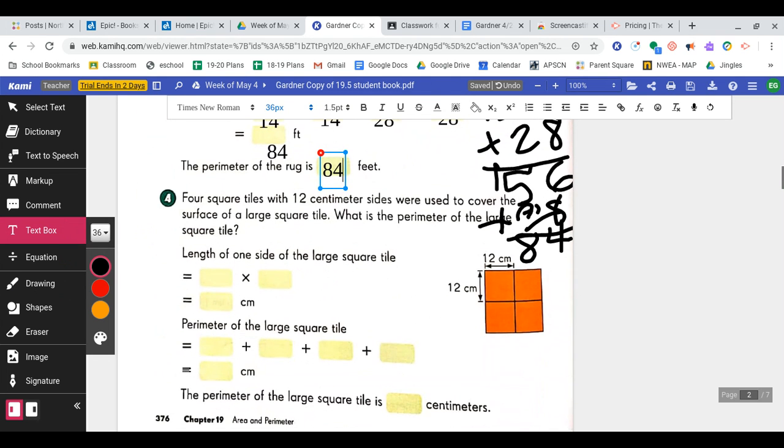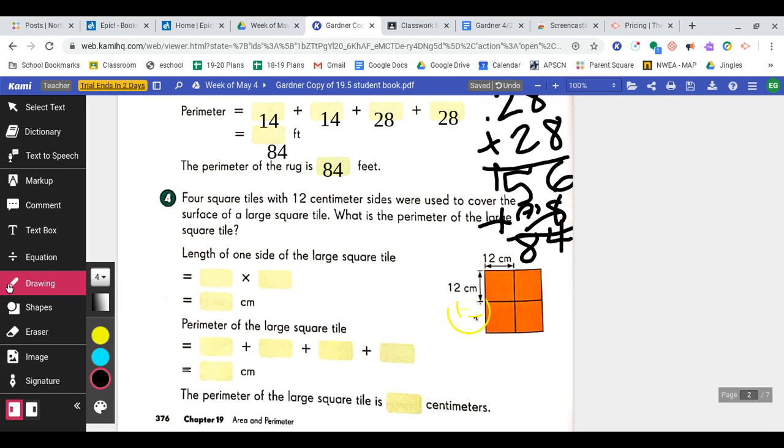Over here it says that there are 4 square tiles with 12 centimeter sides that were used to cover the surface of a large square tile. What is the perimeter of the large square tile? Now, so far, we don't know the length of any of the sides yet. Since it's a square, we do know that the sides are all equal to each other.